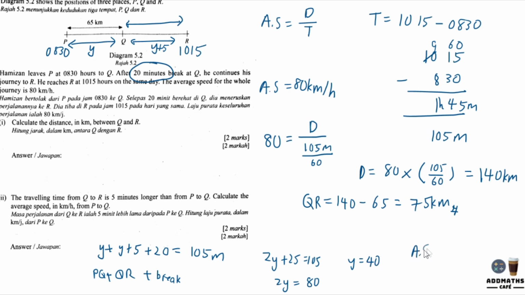So for the average speed for PQ, I know the distance is 65, divided by 45 minutes over 60 because you need to change to hours. If I divide 45 by 60, I will get 0.75. 65 divided by 0.75 will give me 86.67 km per hour. So this is my final answer.